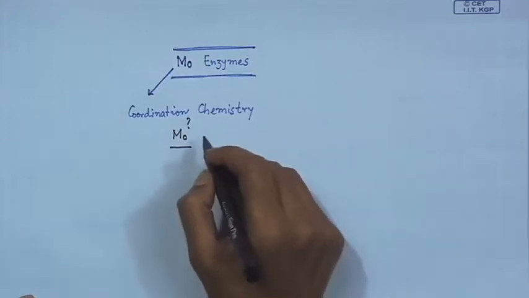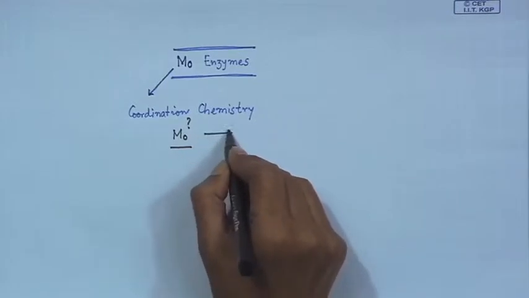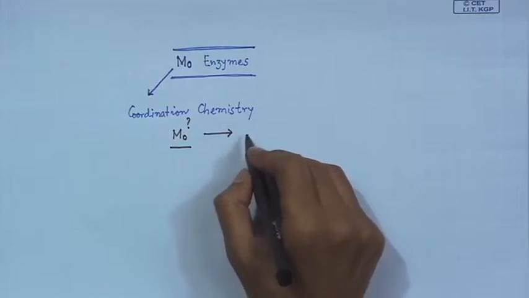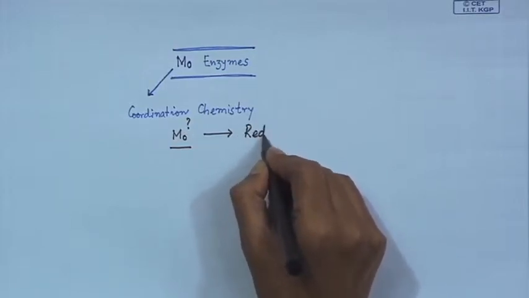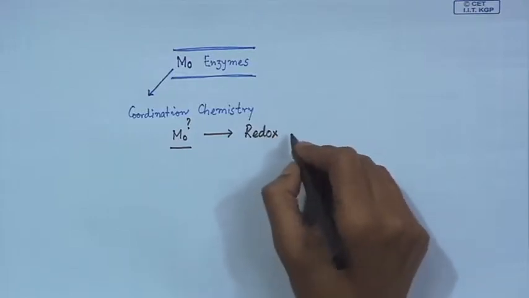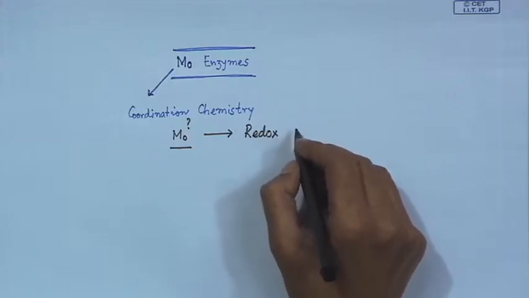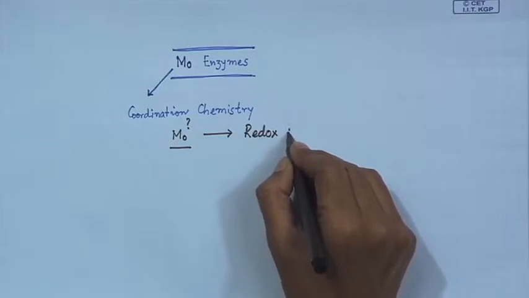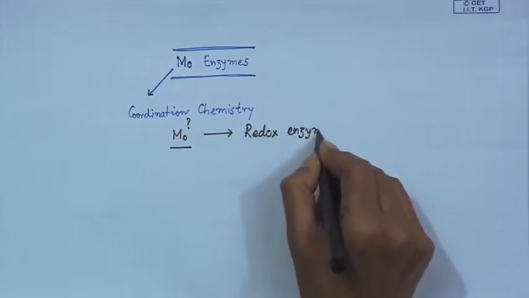During this change in oxidation states, it can go for corresponding reactions, and related to all these enzymes is redox enzymatic catalysis. So, we will see how the different molybdenum centers in all these biological systems are useful for redox catalysis in these redox enzymes.